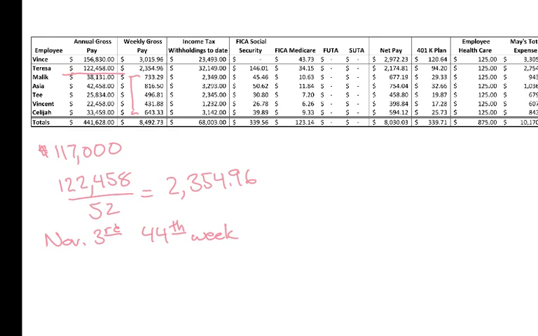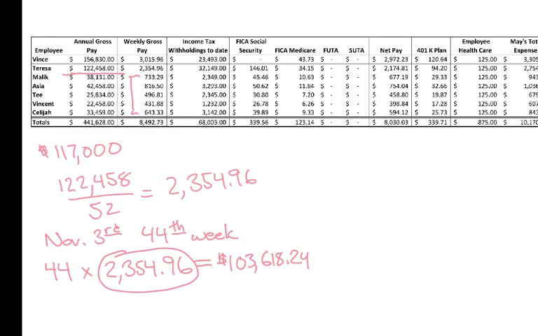So, being it's the 44th week, if we took 44 and multiplied it by $2,354.96, we would get $103,618.24, meaning that all of her weekly amount in this period is subject to FICA Social Security. And then lastly, we have Vincent May.